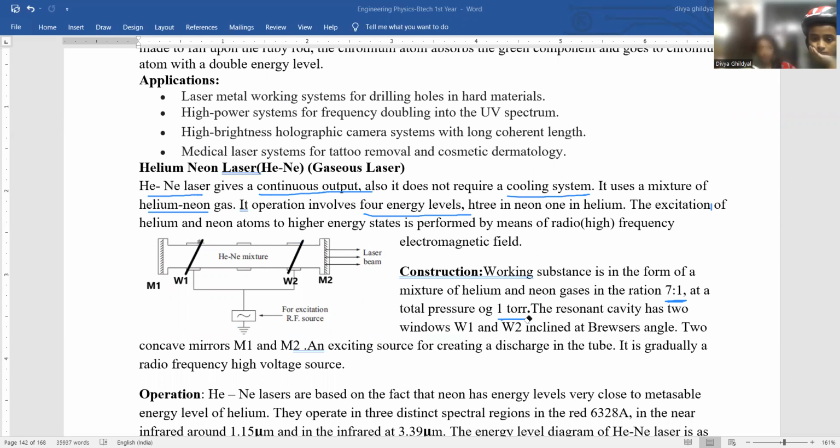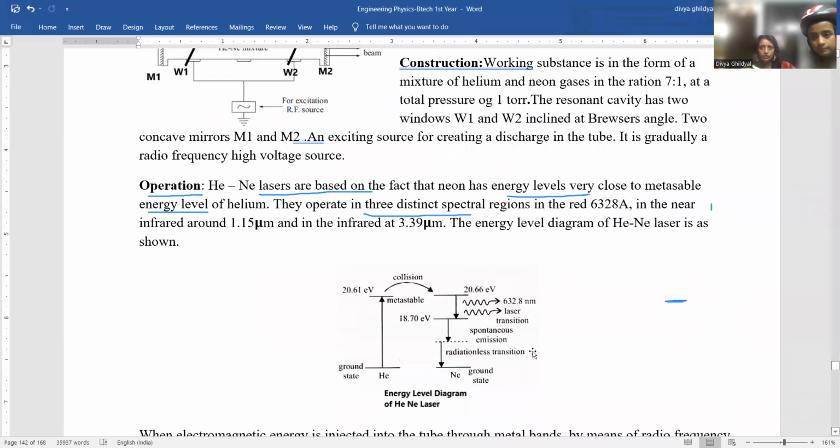Now let us have a look at the operation of helium neon laser, how it operates. Helium neon lasers are based on the fact that neon has 3 levels very close to metastable levels of helium. They operate in 3 distinct spectral regions: in red, in the near infrared, and in the infrared, here 3.39 micrometer.